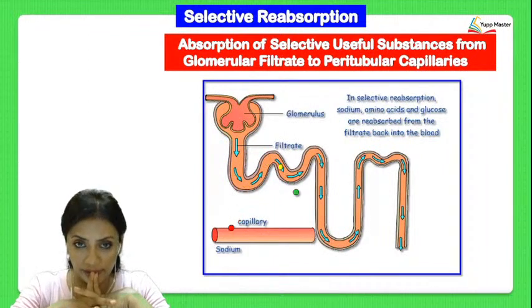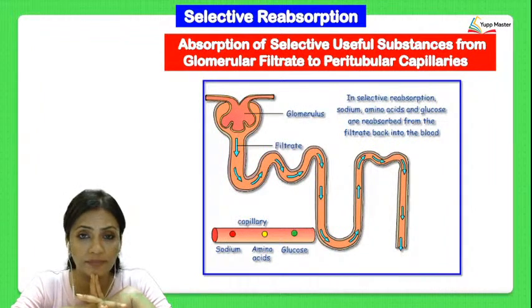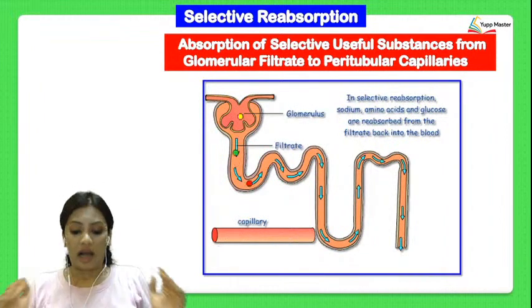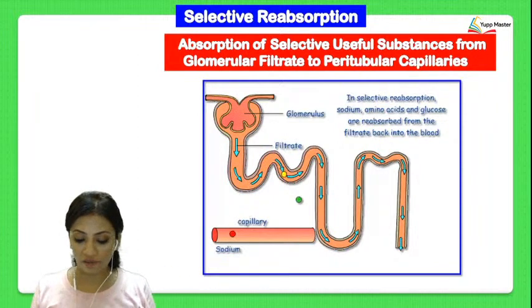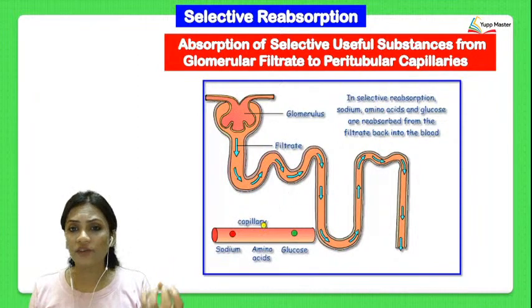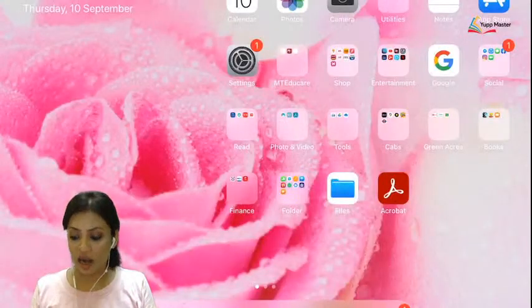Now, as we continue ahead, when we talk about what exactly selective reabsorption is, I told you that at the level of ultrafiltration, there is filtration happening, but that filtration is happening under high pressure.